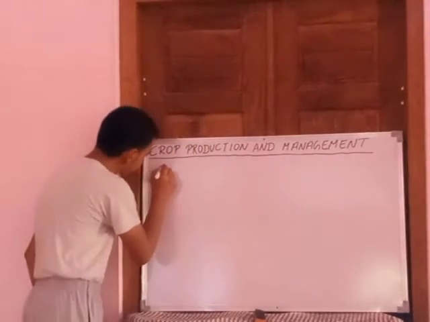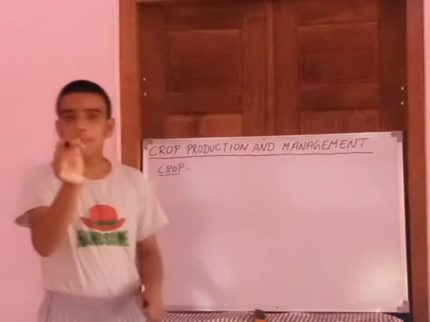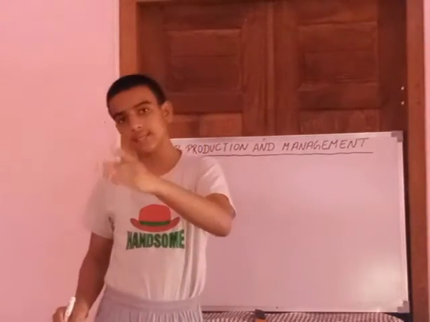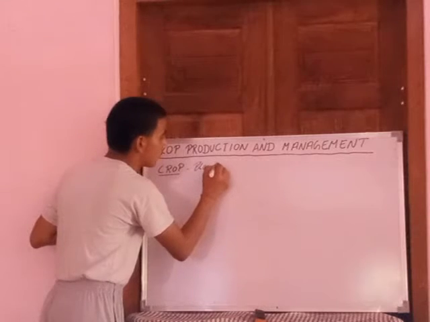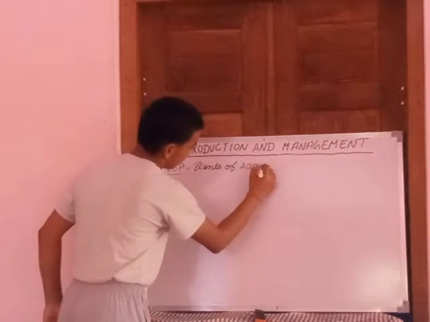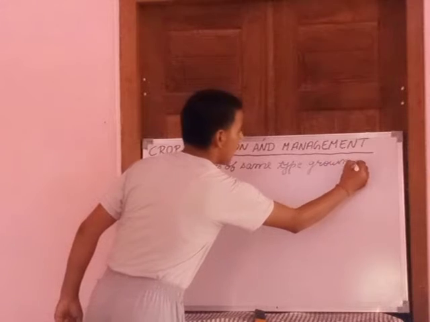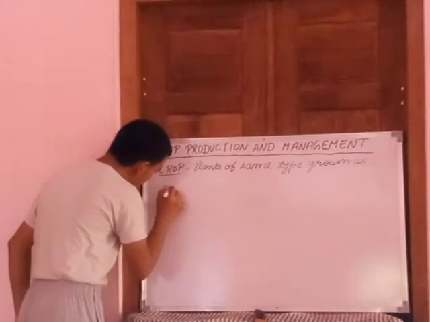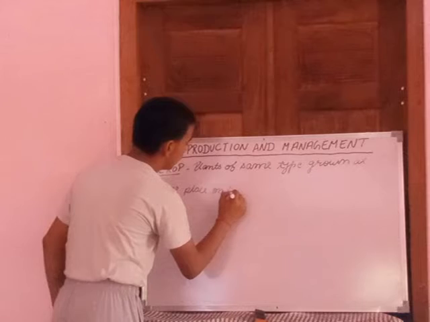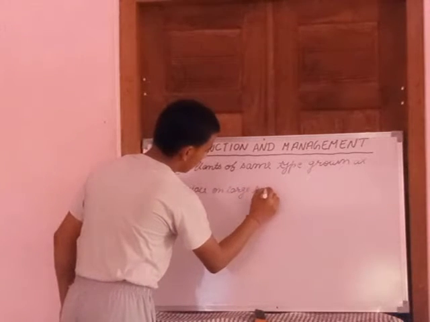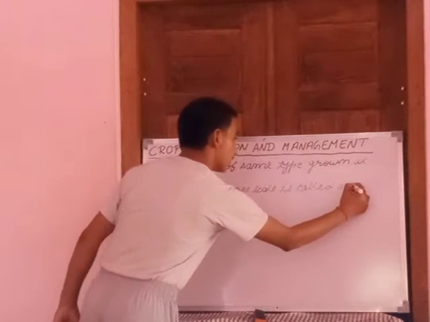Now what is a crop? When plants of the same type are grown at one place on a large scale, that is called a crop.